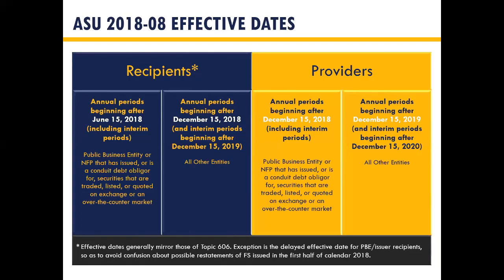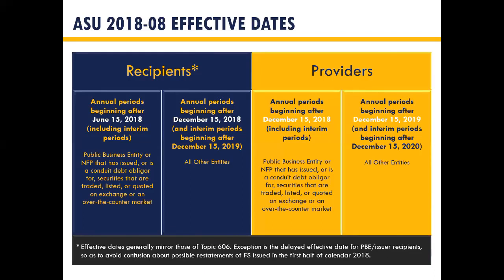We're going to focus on the second bucket in each of these, which I think most organizations will fall into. So the effective date for 2018-08 will be calendar years ending 2019 and fiscal years ending 2020. And then for those that are providers or that are making contributions, those are looking at implementation dates of calendar year 2020, fiscal years 2021.